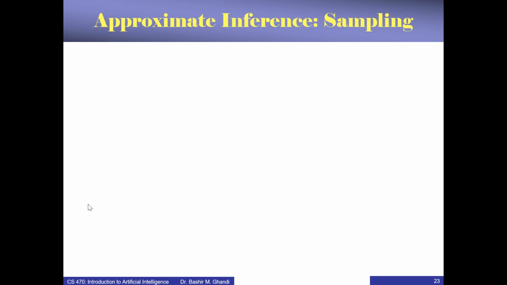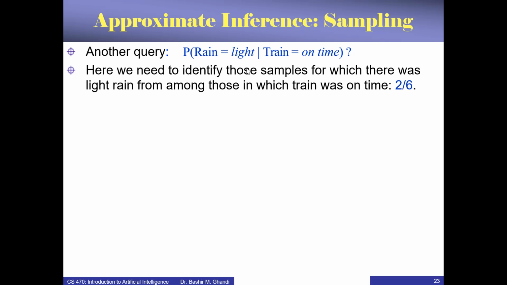Let's take another example on the same sample. What is the probability of light rain given that the train is on time? It's a posterior probability. So again, we follow the same process, but there is a slight difference here.